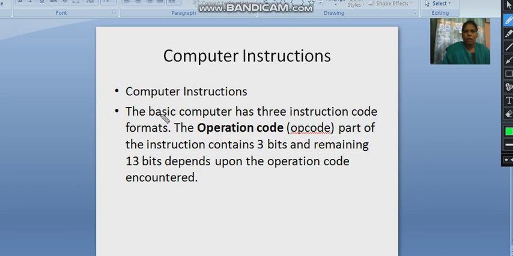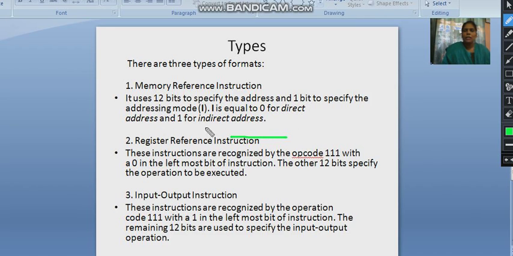Computer instruction. The basic computer has three instruction code formats. The opcode part of the instruction contains 3 bits, and the remaining 13 bits depend on the operation code encountered. So this is about computer instructions, and these are the different types of computer instructions. This is the first type, memory reference instruction.